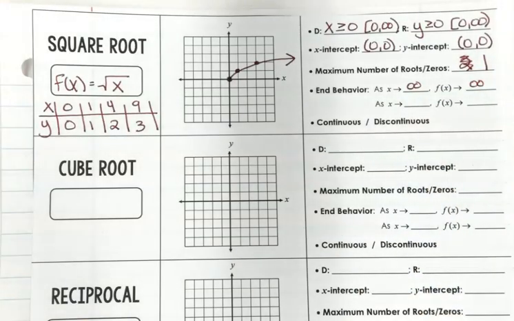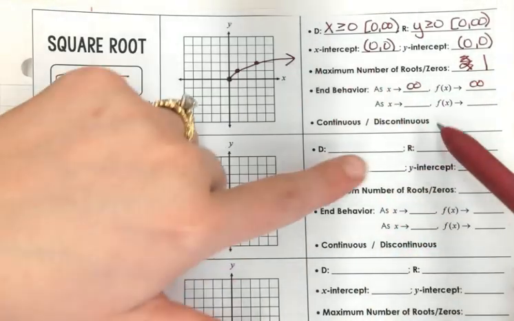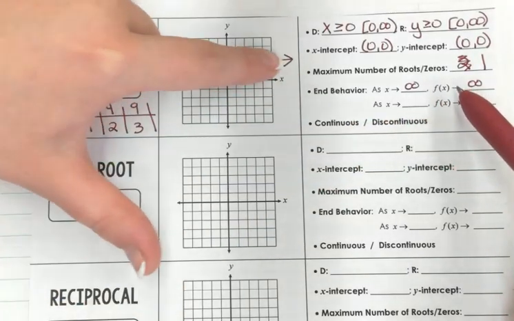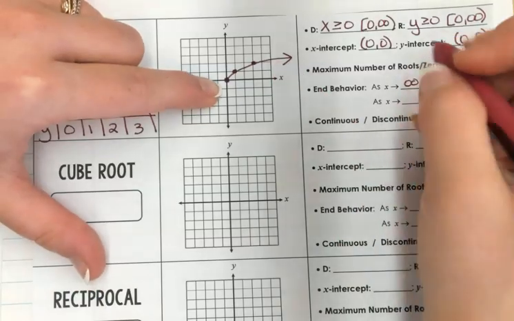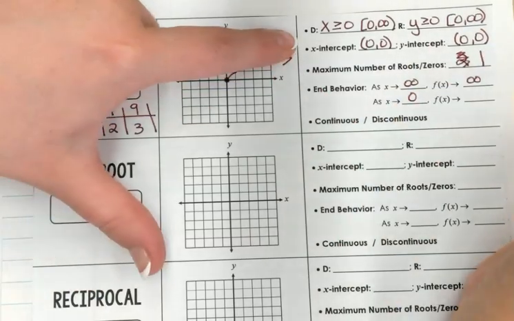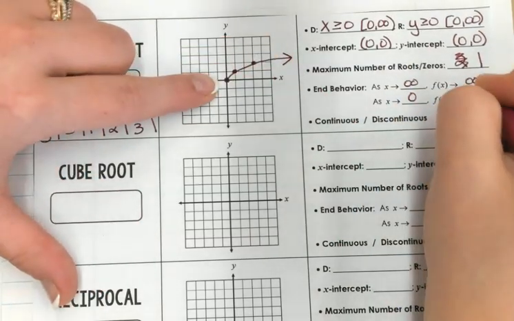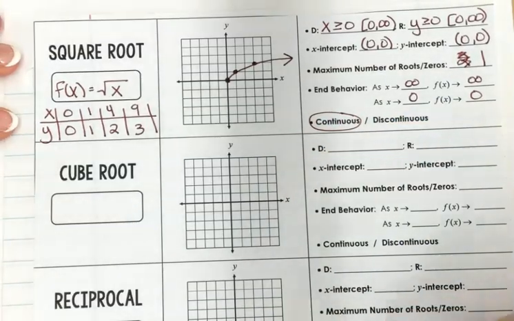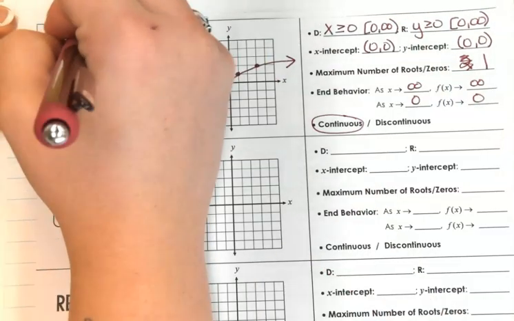Now, all of our other graphs, we were going off to negative infinity for the second one, but x does not go to negative infinity. So the other end behavior of my graph is as x approaches 0, the y value is also approaching 0 here. And it is continuous, and I don't have an axis of symmetry, so it is not symmetric.